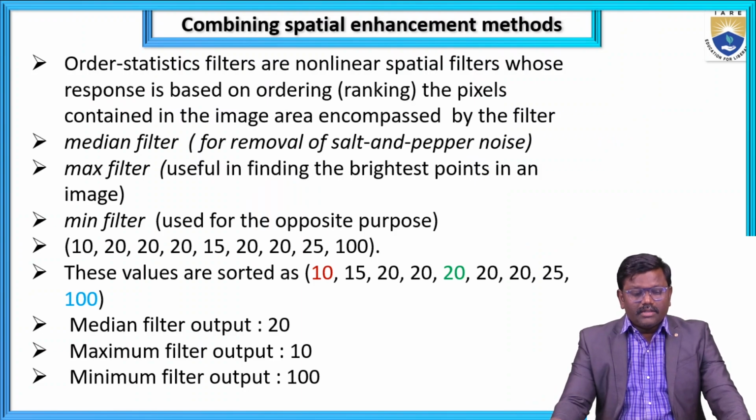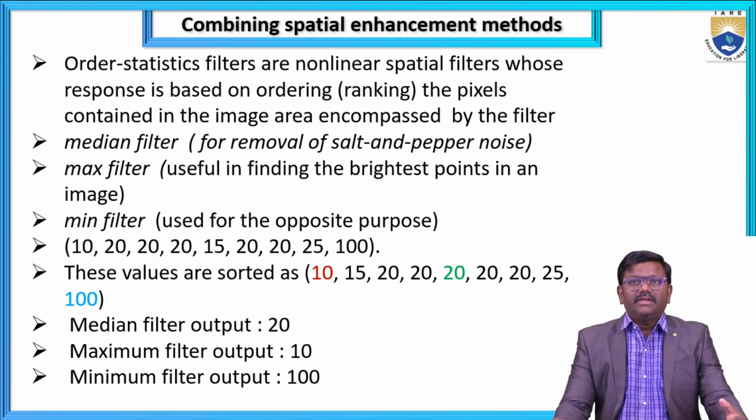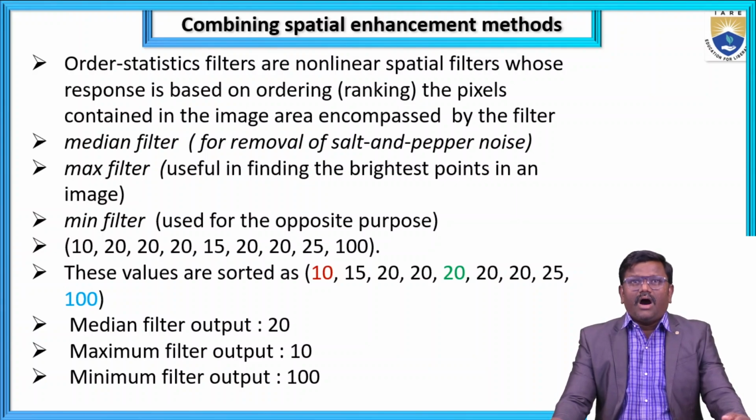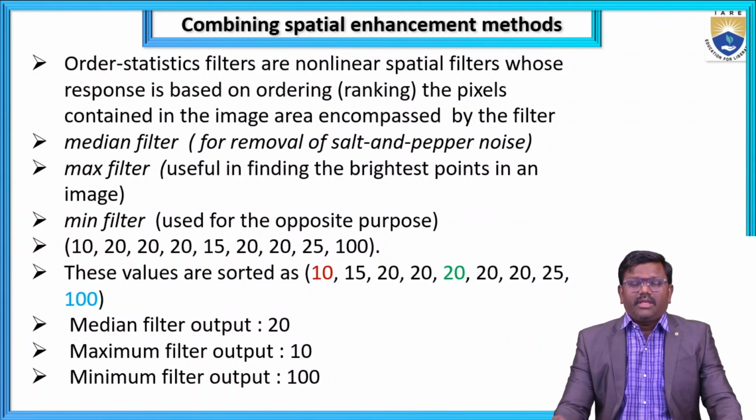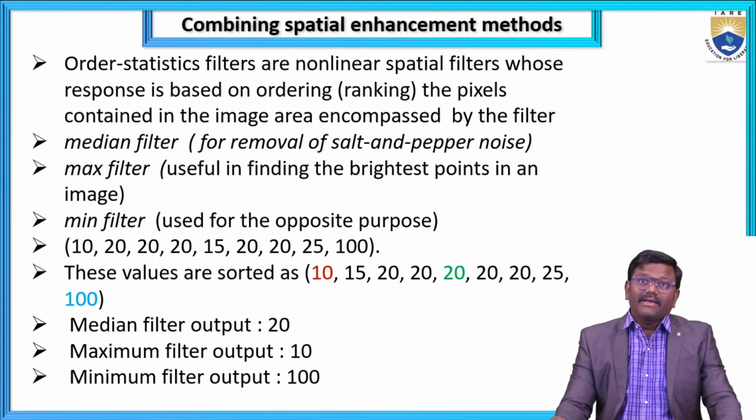The filtering process is also extended to order statistics filters, or nonlinear spatial filters, whose response is based on ordering the pixels contained in the image area encompassed by the filter. Number one is the median filter for removal of salt and pepper noise, and the max filter, which is useful in finding the brightest points in an image.